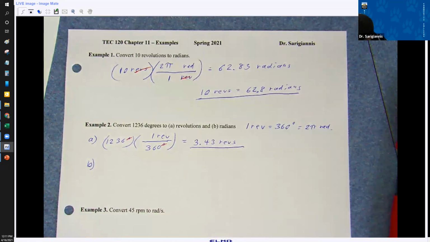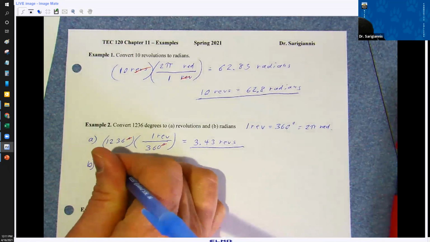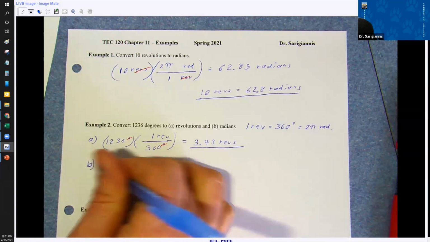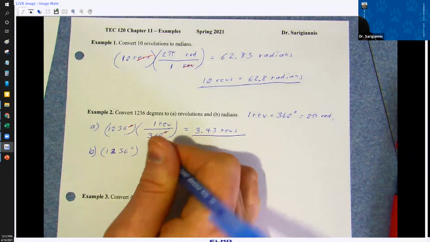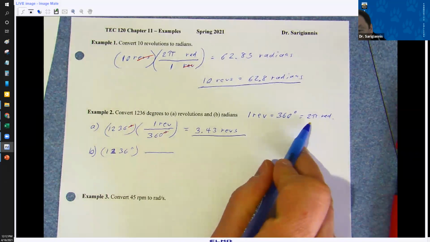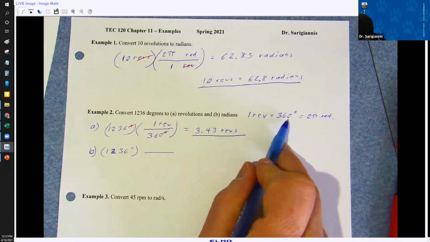Part B, radians. 1236 degrees, we want radians. We're going to do the same thing we did up there, except here we know that 2 pi radians is 1 revolution, or it's 360 degrees.